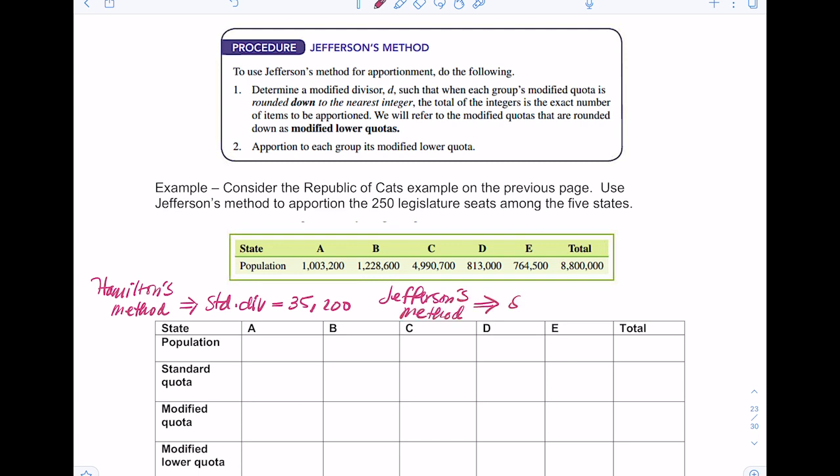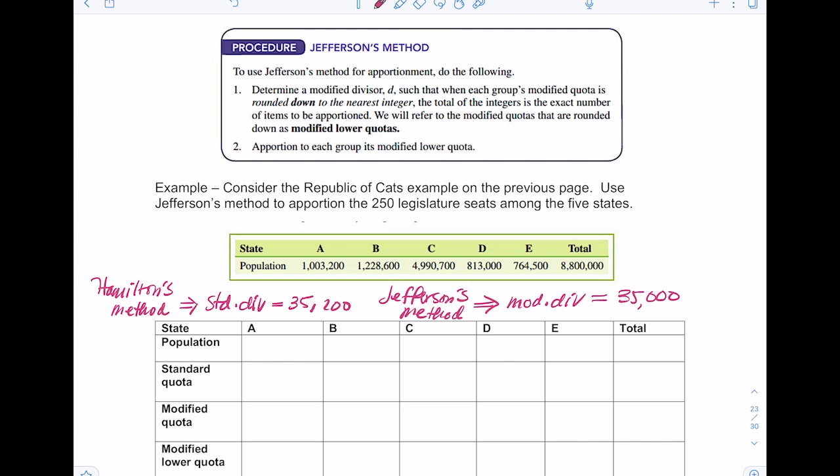So for Jefferson's, the standard divisor, which we call a modified divisor, is going to be 35,000. Okay, so we're taking 35,200 and rounding down to the nearest integer.